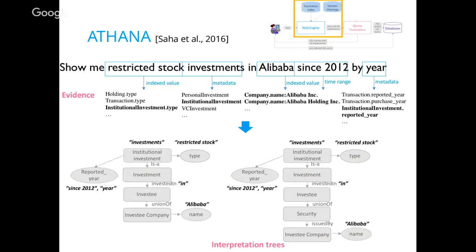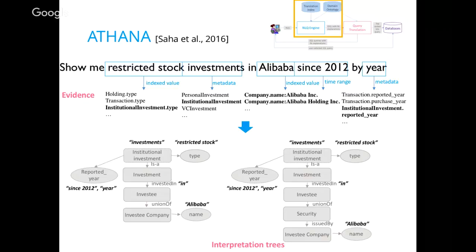So once we identify all the possible evidence, we try to match into the ontology graph and see what paths we can potentially use to join all the different nodes together. What I have highlighted in bold here is what could actually be selected. For example, I can have two interpretation trees where the first part is the same.